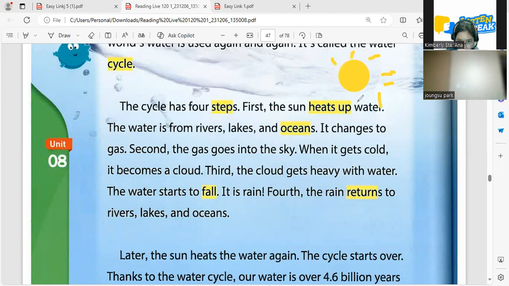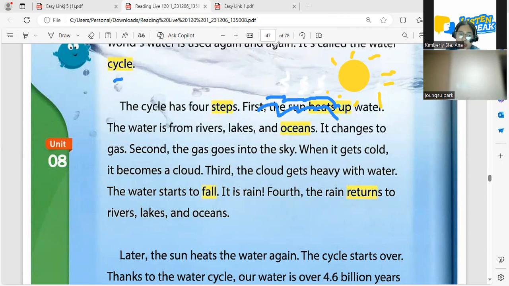So for example, this is the sun, and then this is the water. So it heats up the water. Okay, and then what happens to the water? It becomes a gas. Okay, the water becomes a gas and it goes up in the sky.